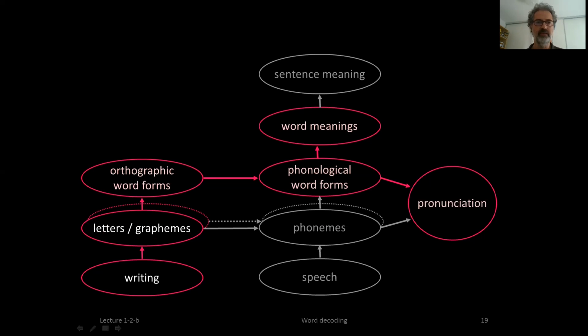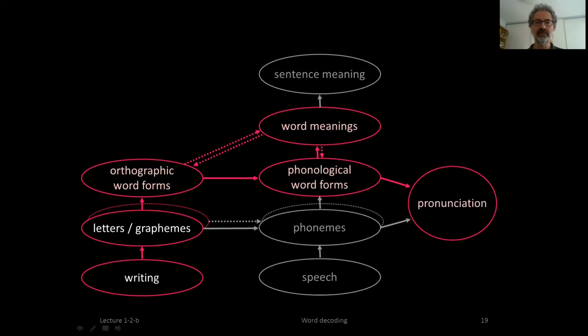And the third thing is the fact that context must play a role and does play a role and does help you read words fluently without stopping to think. This means that word meanings can influence your choice of word to say, and that orthographic word forms can be aided in their recognition by knowledge of what the sentence is about.